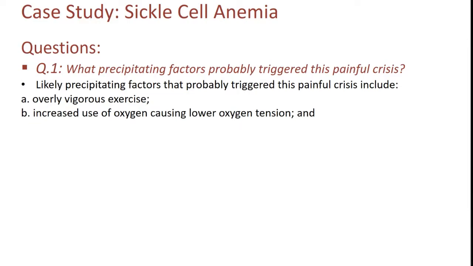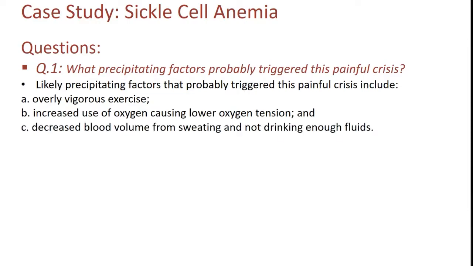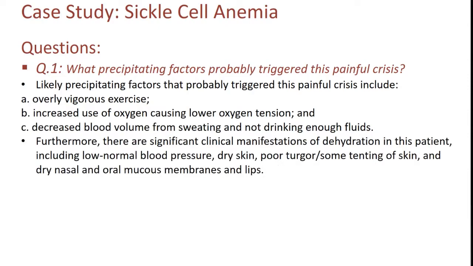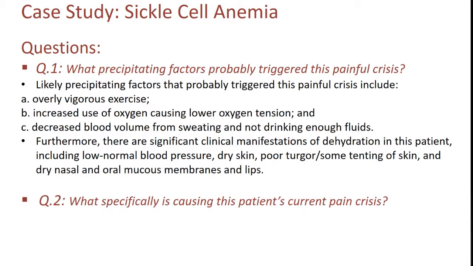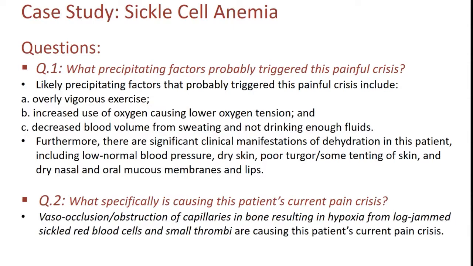Furthermore, there are significant clinical manifestations of dehydration in this patient. So dehydration is a common precipitating factor for sickling. What specifically is causing this patient's current pain crisis? Vaso-occlusive obstruction of capillaries in bone, resulting in hypoxia from the sickle cells blocking the blood vessels.